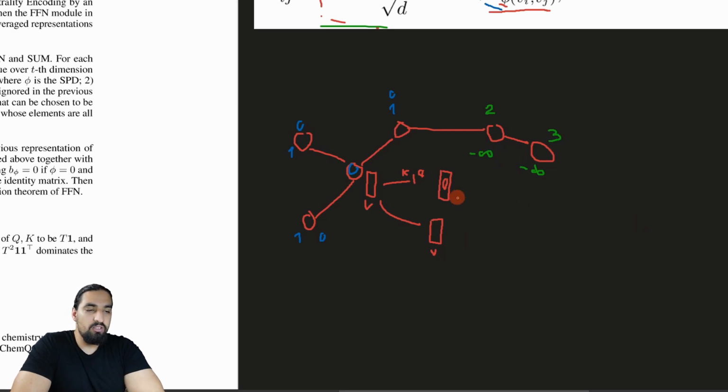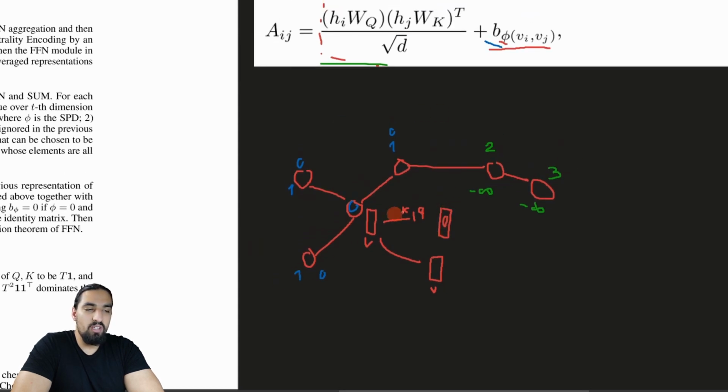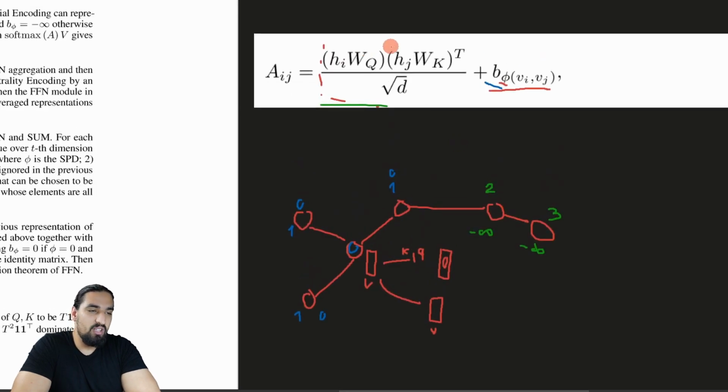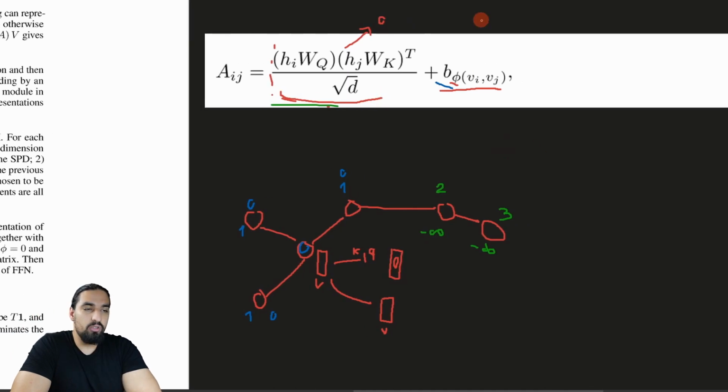And as you can see, if we take this query vector, which is all zeros, and we do a dot product between any of the keys, because all of the keys are also all 0 vectors, we'll always have this thing going to 0. So this term in the equation will go to 0. And finally, as I already explained, we'll have this bias terms will be 0 for the local direct neighbors and minus infinity there.